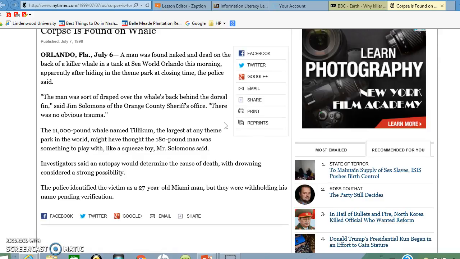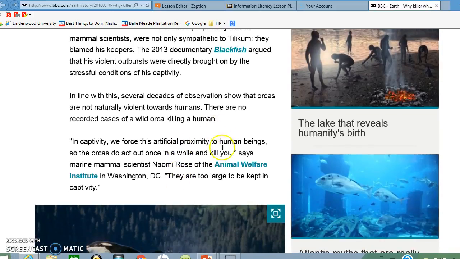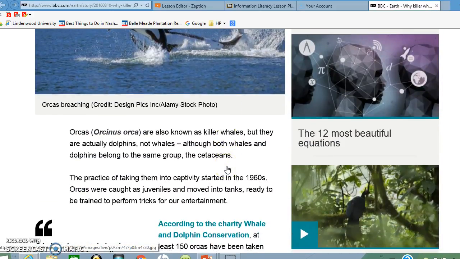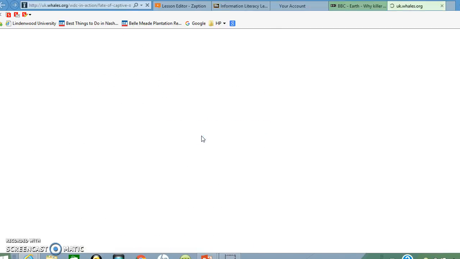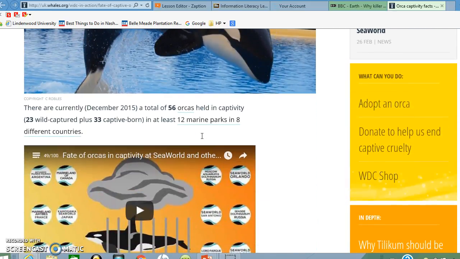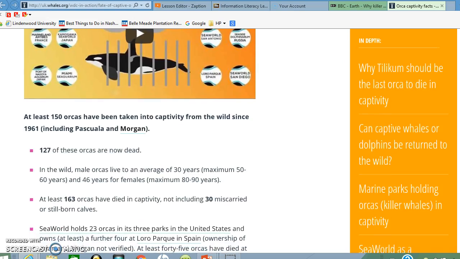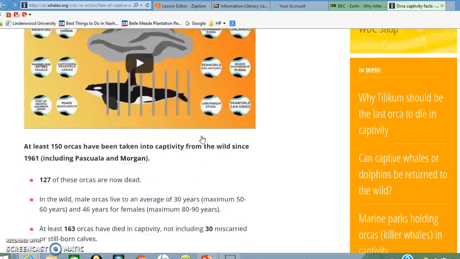It has that all the way through the article, which is a great thing. So even when you're reading this, you can click other places, and it will take you to places to back up their information. This is one of the sites that backs it up. Looks pretty legit.